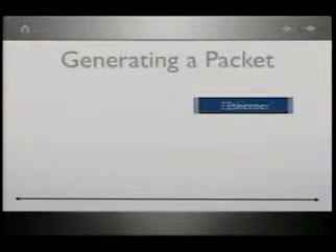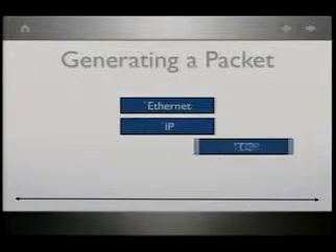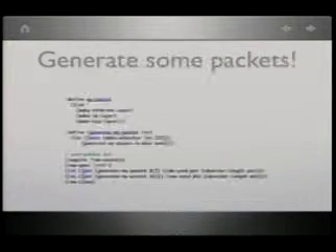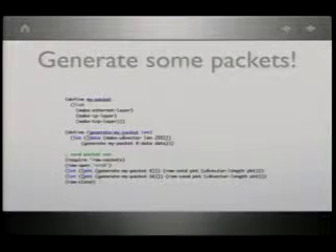To generate an actual packet, all we have to do is stack some protocol layers and send them out. This is all it takes to generate a packet with default values.